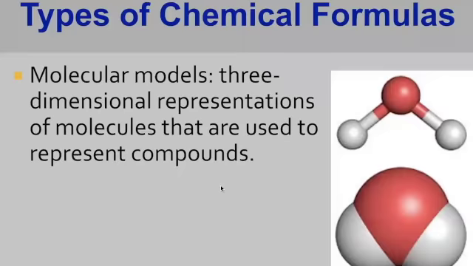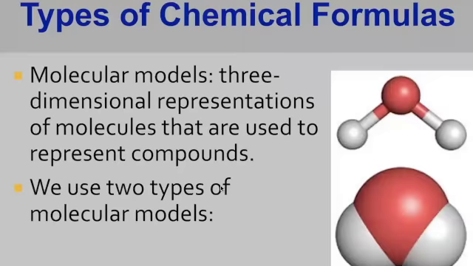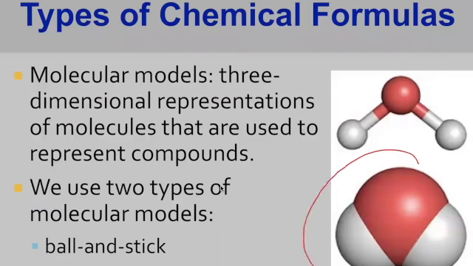In the lab, you are going to be using balls and sticks to be able to formulate 3D versions of these compounds. If you were to have these amazing eyes and be able to see the compounds themselves, that's how they would look.